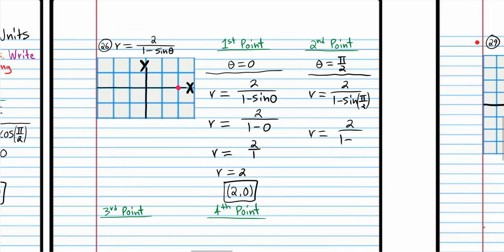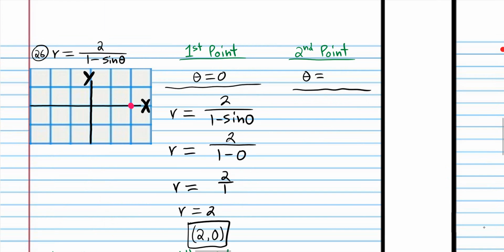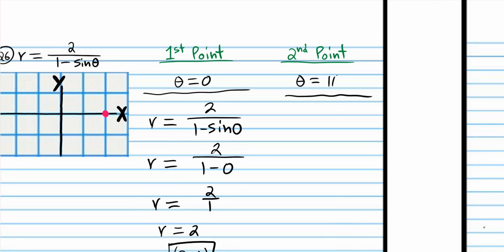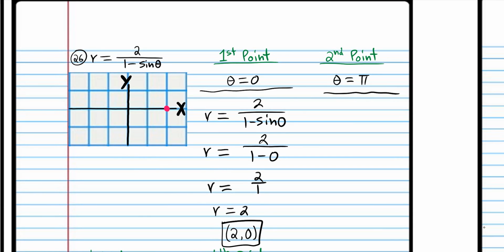Sine pi over 2 is 1, and it looks like we can't use pi over 2. Do you see why? We have 2 over 0, but that's okay. We can just try a different value. That's fine. Remember, when you have 0 in the denominator, it's an undefined expression. So let's use pi.